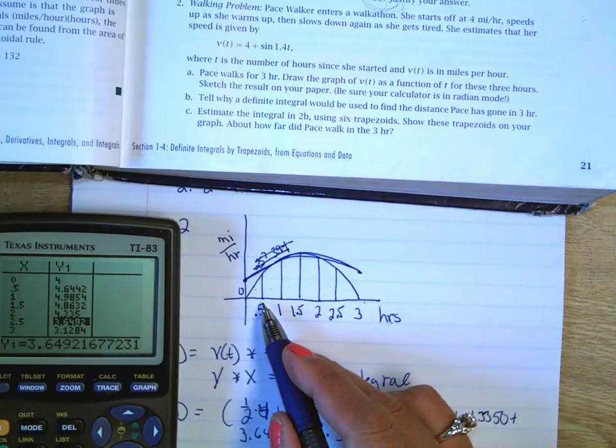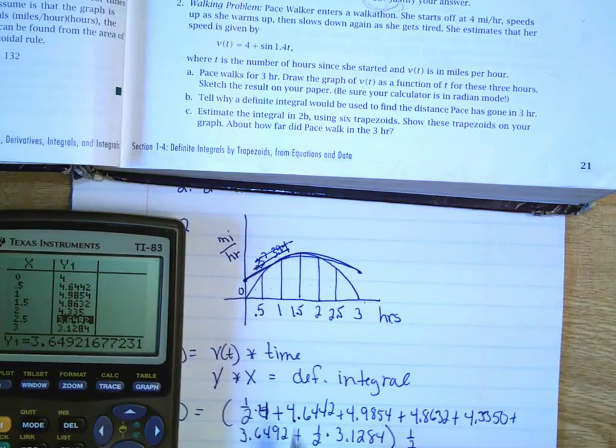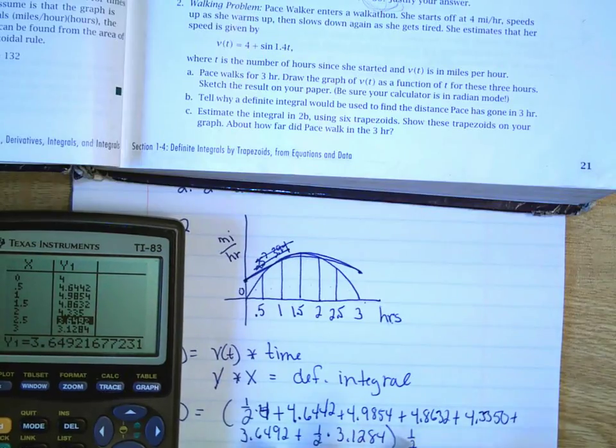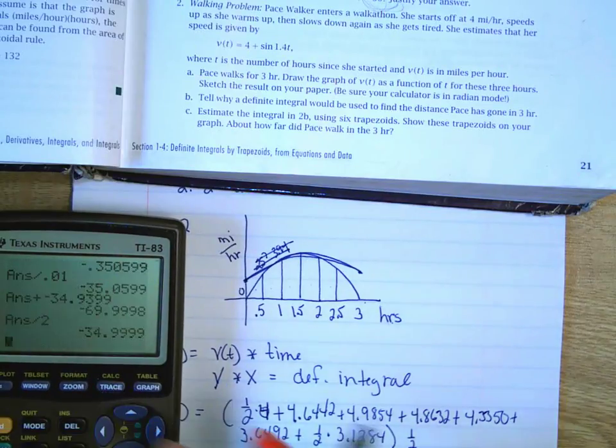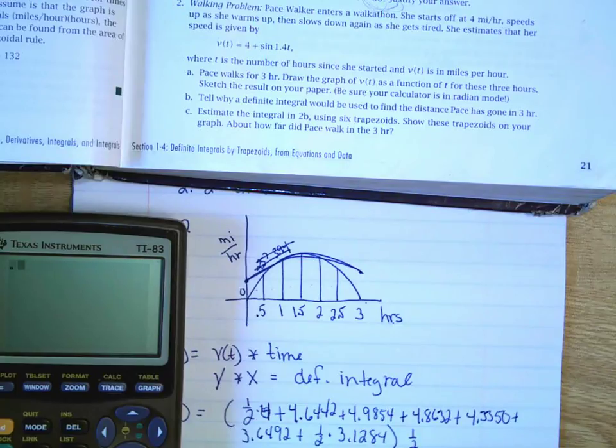Because I went 0 to a half minute, a half to 1. Sorry I messed that up, guys. But anyway, now it's just crank it through the calculator. So 0.5 times 4 plus.